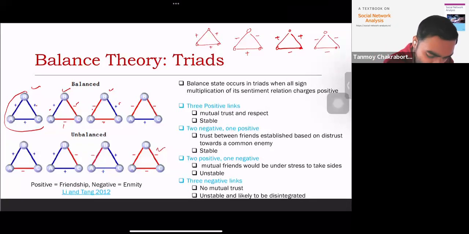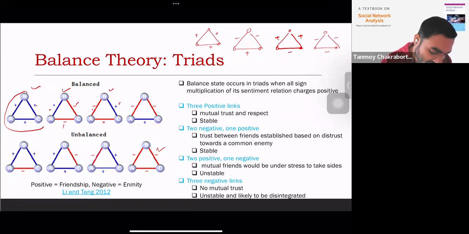Three pluses, three minuses, two minuses, two pluses. These are the four possibilities. Now I'm not considering the node identity at this moment. If this is A, B, C, then AB positive, BC positive. If you change the node identities, that would change, but let's just assume that these are the possibilities. We are not considering the IDs for the time being; we are just focusing on the structure.